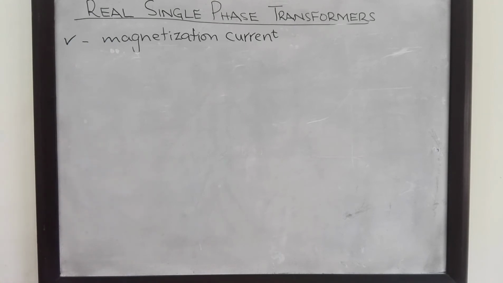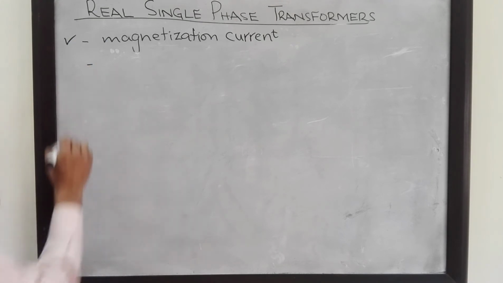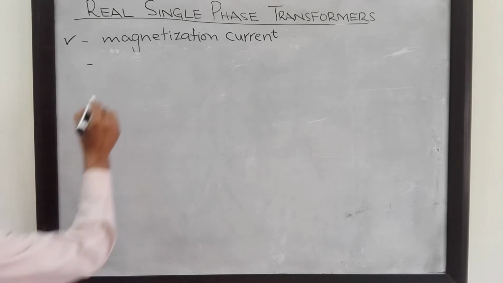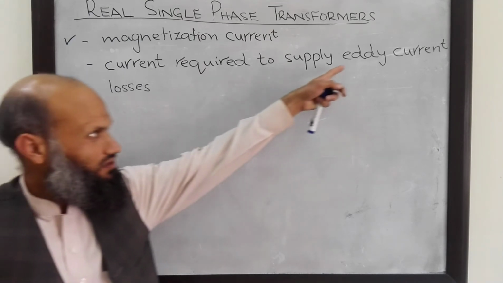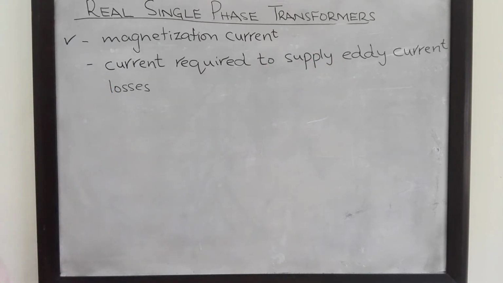The second component of the primary current, which flows in the primary winding even if there is no secondary current, is required to supply the eddy current losses. We know that since the changing flux links with the core of the transformer, voltage is also induced in the core.